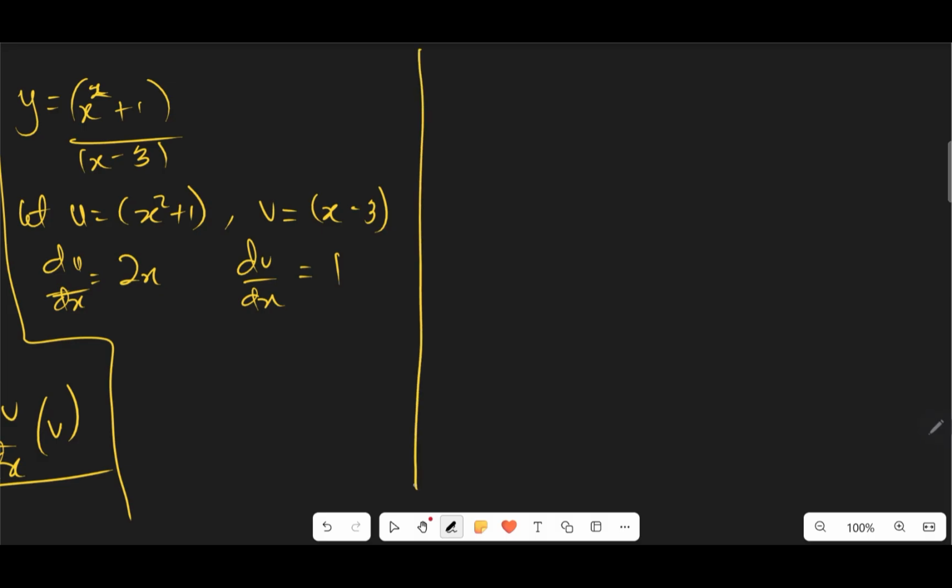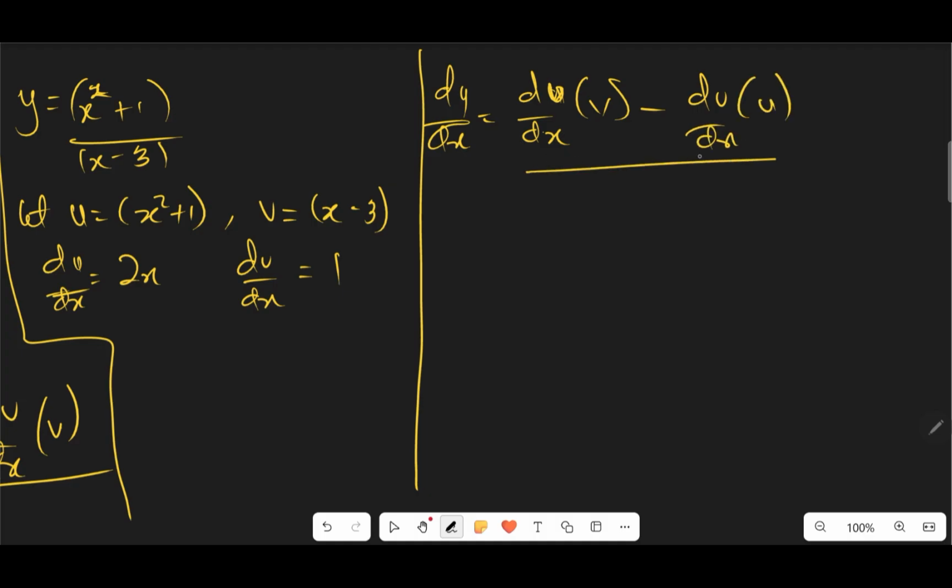The formula says that to find dy dx, it has to be du over dx multiplied by v, then minus dv dx multiplied by u, all over v square.